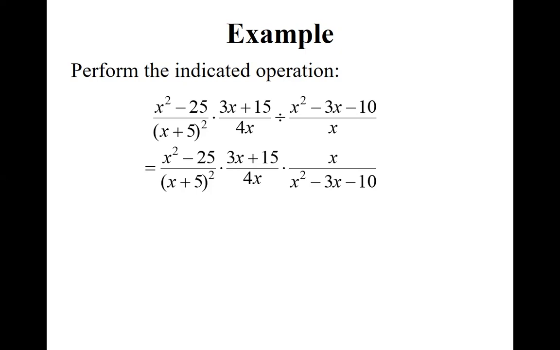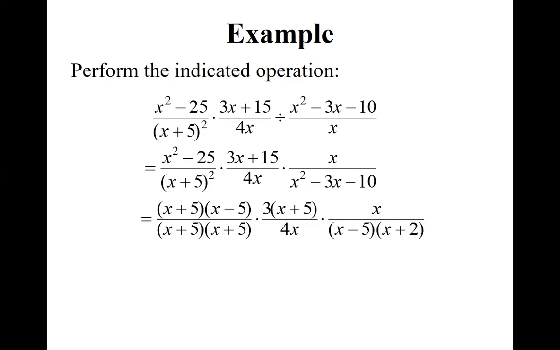Since it's all multiplication, we can factor, and we'll also expand that (x plus 5) squared to (x plus 5) times (x plus 5). We factored the x squared minus 25 into (x plus 5) times (x minus 5). We factored the 3x plus 15 into 3 times (x plus 5).